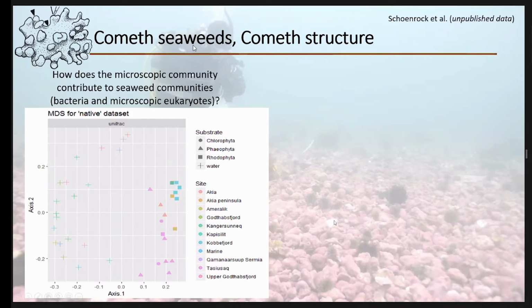So just for some preliminary data that I can show you, we have this NMDS plot again, and you have all of your different colors showing you the site within the fjord, and all of your different shapes showing you the type of seaweed that they're on. And I think the most distinctive thing you can see is that the communities in the water column are very distinct from the communities living on seaweeds.